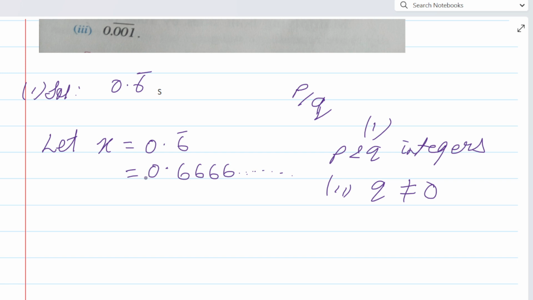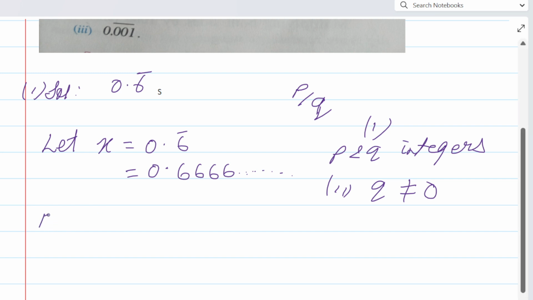Now, a very important point. After the decimal point, how many digits are repeating? Here 6 is repeating. If one digit is repeating after the decimal point, then I have to multiply by 10. If two digits are repeating, I multiply by 100. If three digits are repeating, then I multiply by 1000. That is the rule which I should remember.